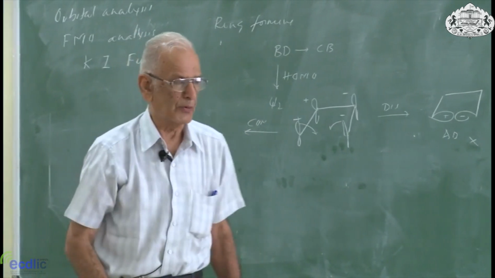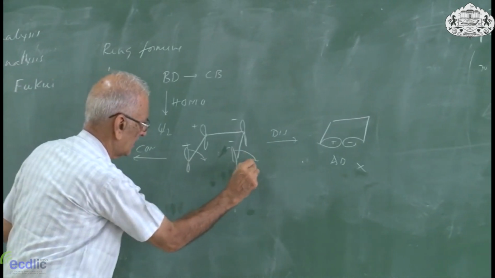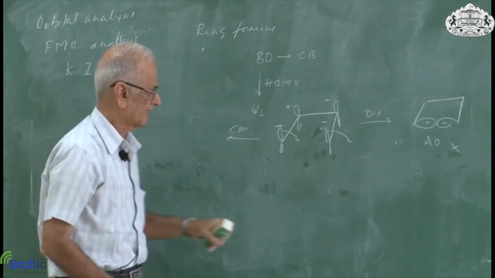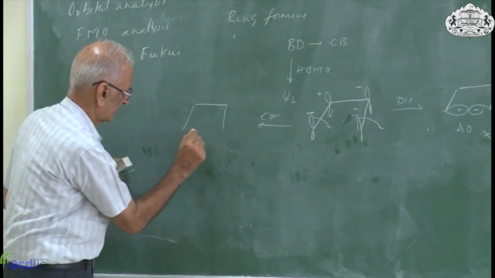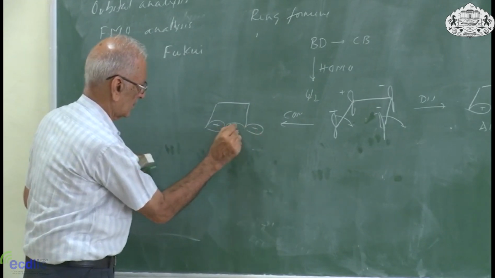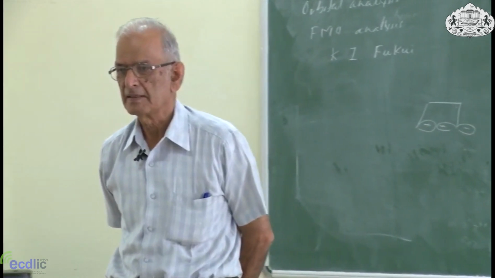Make the conrotatory process. Plus will come here, minus will go there. So, conrotatory will give me bonding.